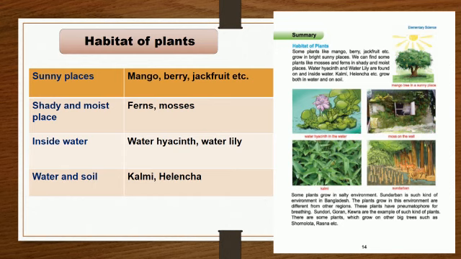Sunny places: mango, berry, jackfruit, etc. live in sunny places. Shady and moist places: ferns and mosses live in shady and moist places. Inside water: water hyacinth, water lily, etc. live inside the water. Water and soil: Kalmi and Helencha live both in water and soil.